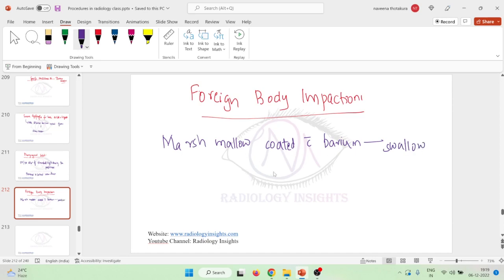Now, if this is the esophagus and there is an obstruction here, then obviously this coated marshmallow will not pass beyond the obstruction. So the passage is stopped by the obstruction.